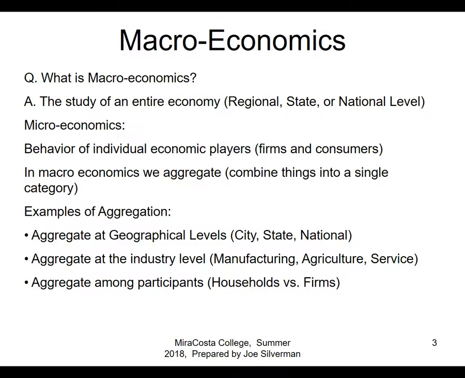If you were an economist working for the state of California, or here's another one, let's say you were working for the California Association of Realtors, they hired you to keep track of the housing market, then you would be aggregating data on homes in California. Again, like I said, when we think about aggregating data, we typically look at things at the national level.